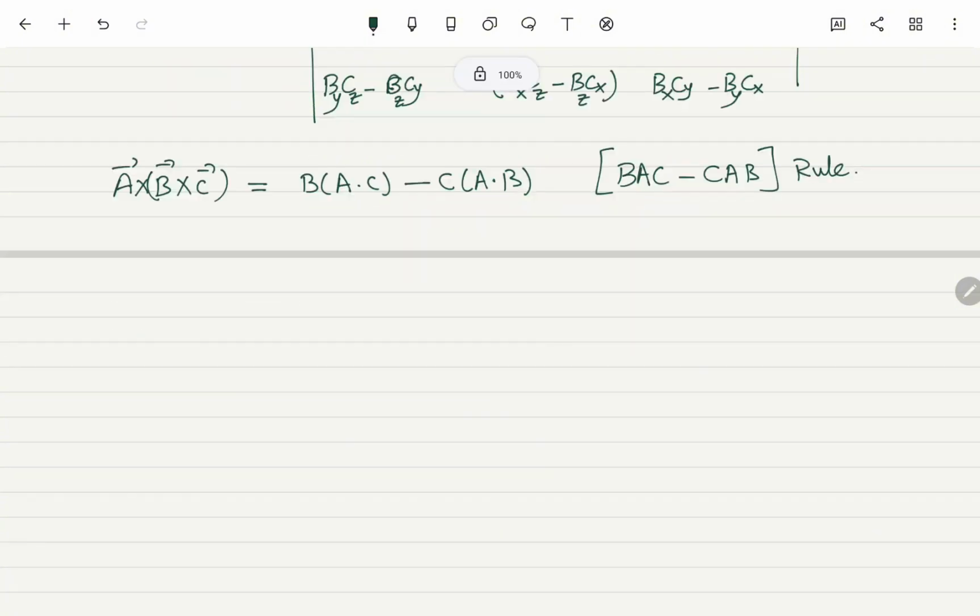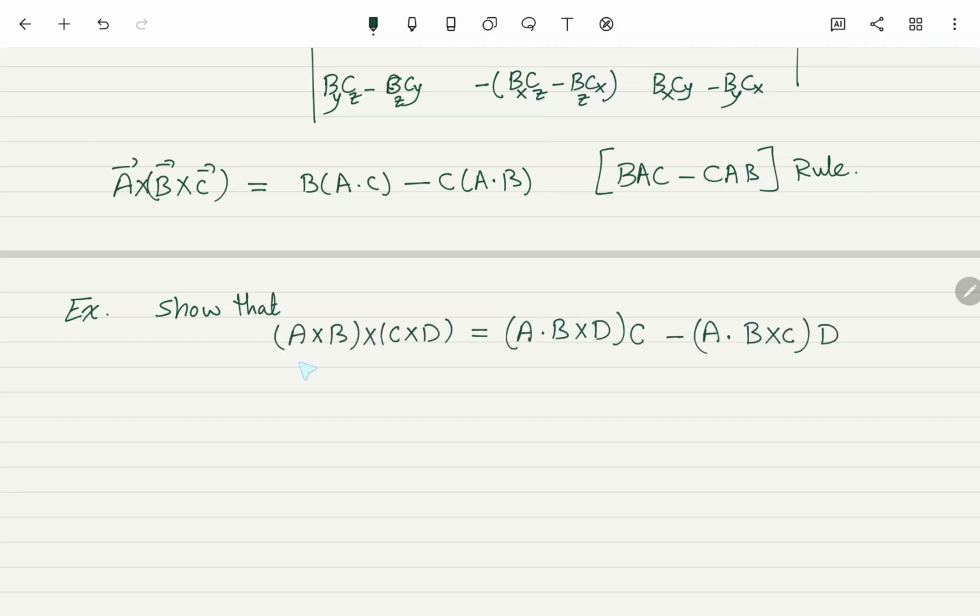As a quick application for this rule, let's have this example. Show that A cross B cross C cross D equals (A dot B cross D) times C minus (A dot B cross C) times D. Now to solve this one, let's use the BAC-CAB rule.